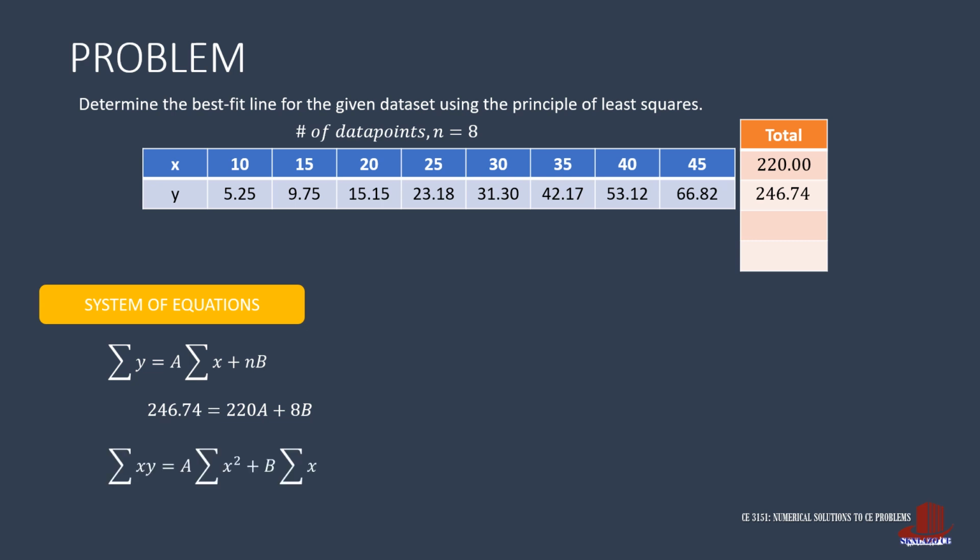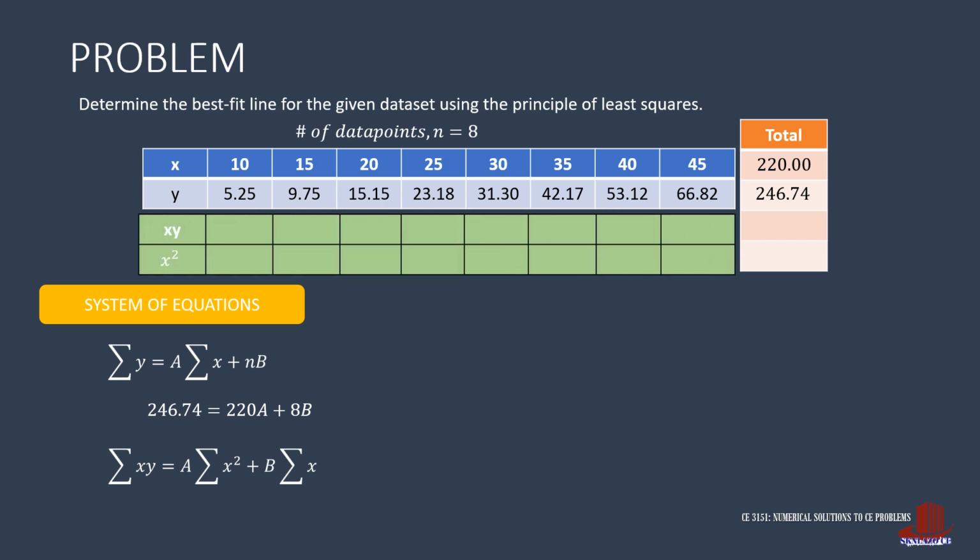The second equation for this approach is the summation of xy as equal to a times the summation of x squared plus b times the summation of x. There are two new parameters present in this equation, so create an extended table for xy and x squared.